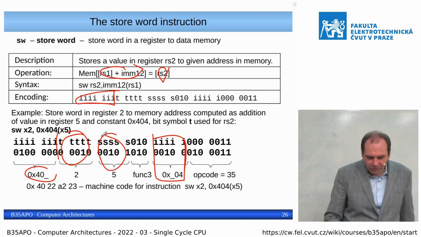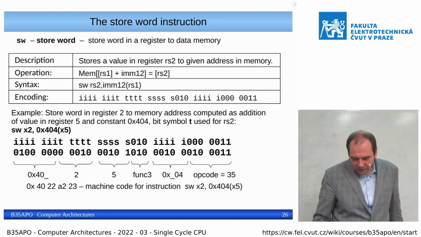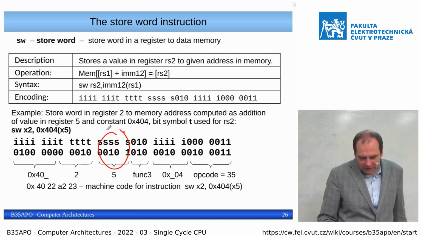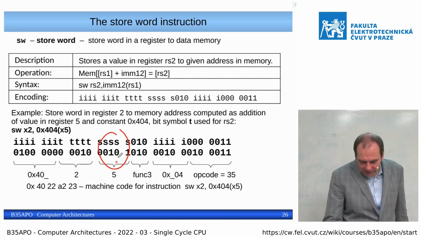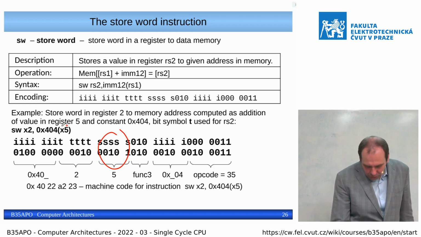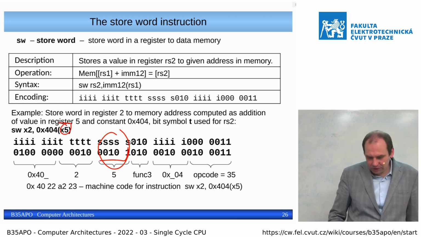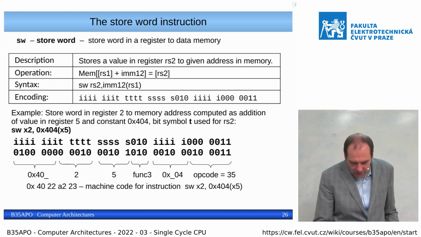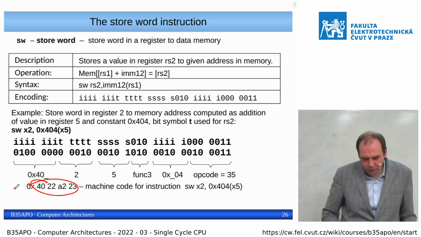It is a little different than in the example, where you have a base register of 0 as well, but in this case we want to use base register number 5, so it is seen there in the encoding. And the opcode is 35 in this case. And the actual data in the memory which you find is this one.